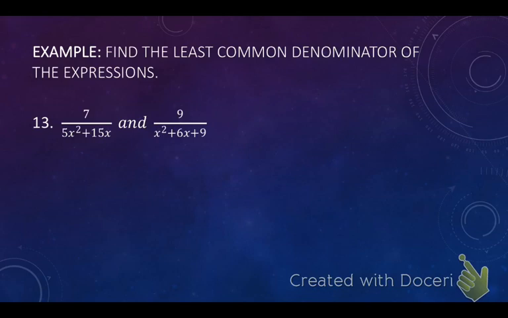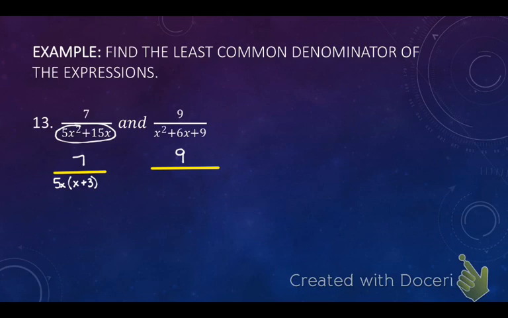Again, the top side I'm not really worried about. I'm really worried about the bottom side and what's down there. What can I factor out of 5x squared plus 15x? 5x. What am I left with? x plus 3, right?